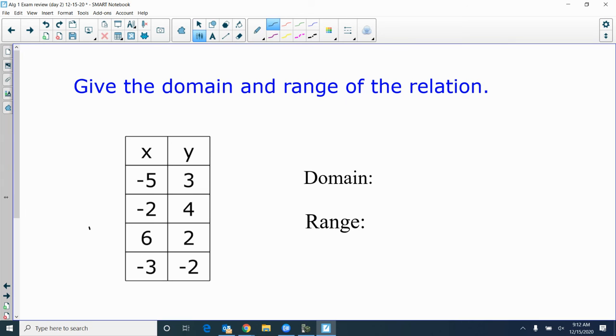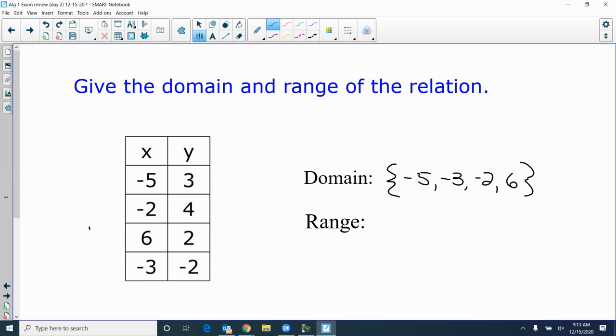Couple key points: put them in order from smallest to greatest and don't repeat values. So for your X values, that's just your domain. Smallest to biggest, so it'd be -5, -3, -2, and 6.